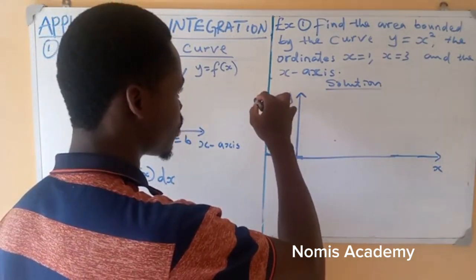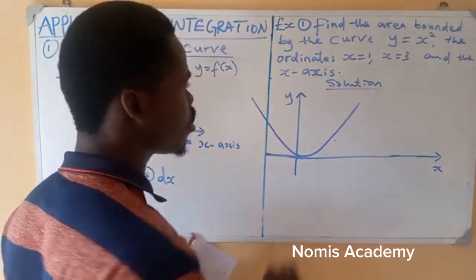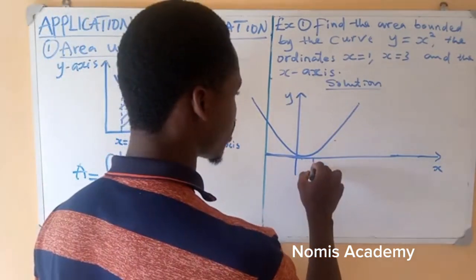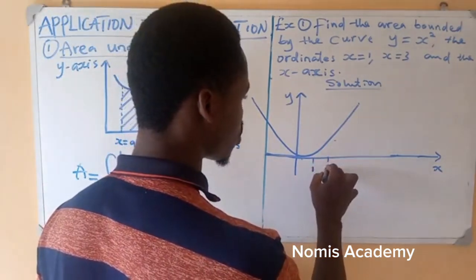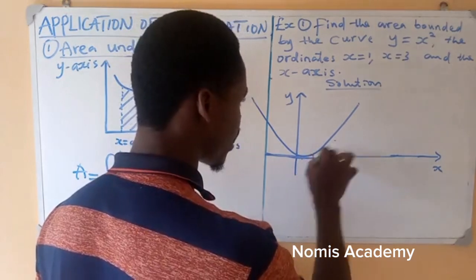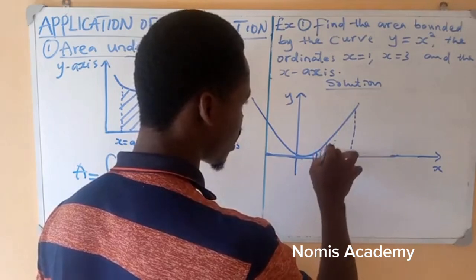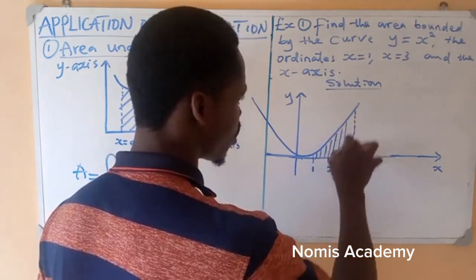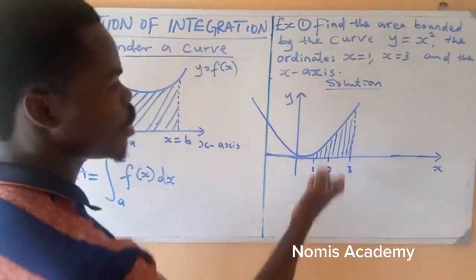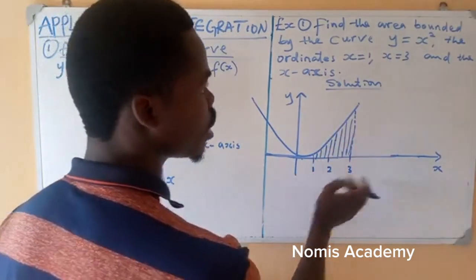We start from here, it's going to be something like this, a parabola facing up. Now here is 1, here is 2, and here is 3. So we are looking for the area from here to here. So this is the area under the curve we are looking for, the area under this curve from the limit 1 to 3.